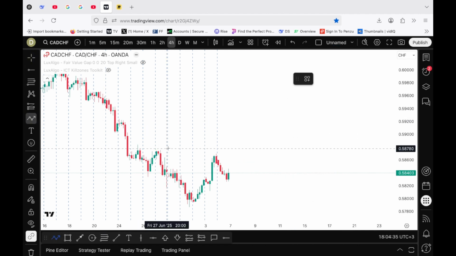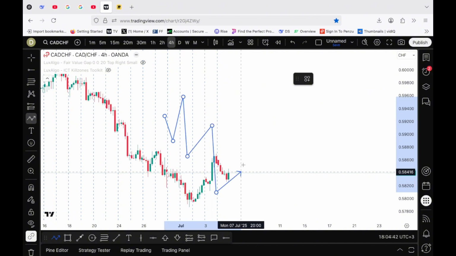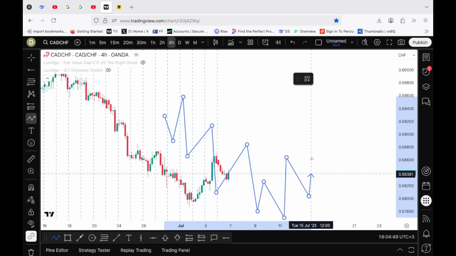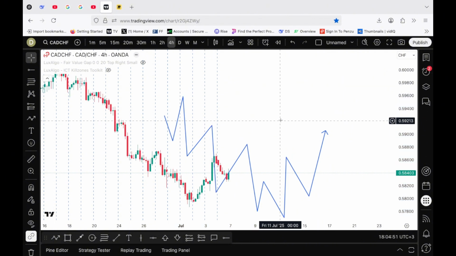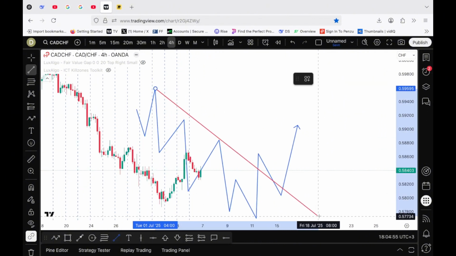So the market was making this move. It was this way, made this low, made this low, made this low here, then again started making this move. Now, the market was in a downtrend, as you can see.